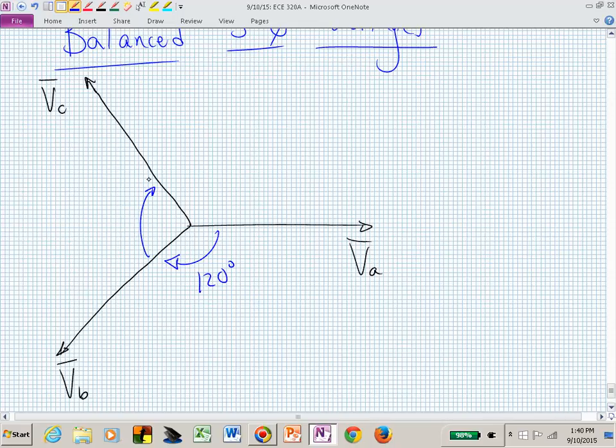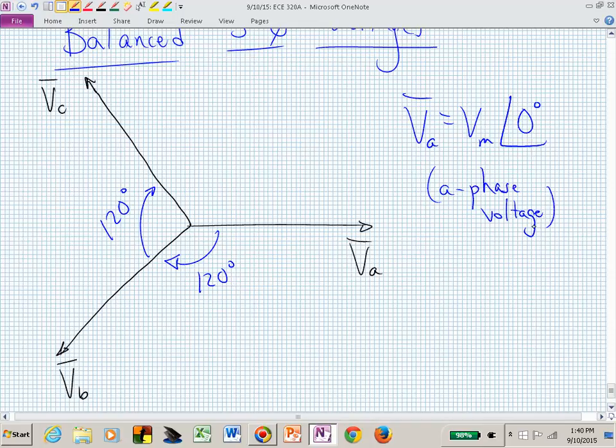are 120 degrees apart. Where now V sub A as a phasor might have some magnitude at an angle of 0 degrees. And that's the A phase voltage. If the B phase has the same magnitude as the A phase, I think you can already write most of this expression down.